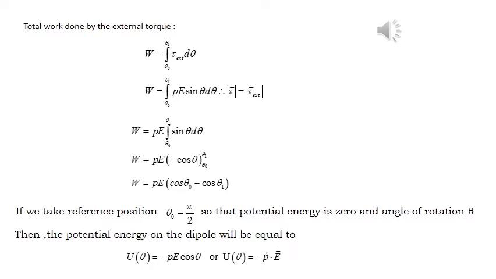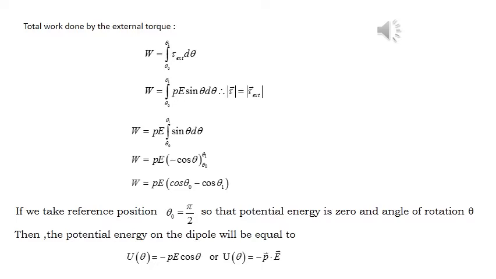So what is the total work done in rotating the dipole from theta naught to theta 1 by an external torque? W equal to the integral of tau external into d theta. What is tau external into d theta? It is the small differential work done in rotating the dipole through the angle d theta by the external torque. So the integral of the differential work done will give us the total work done. If we expand, tau external is PE sin theta.